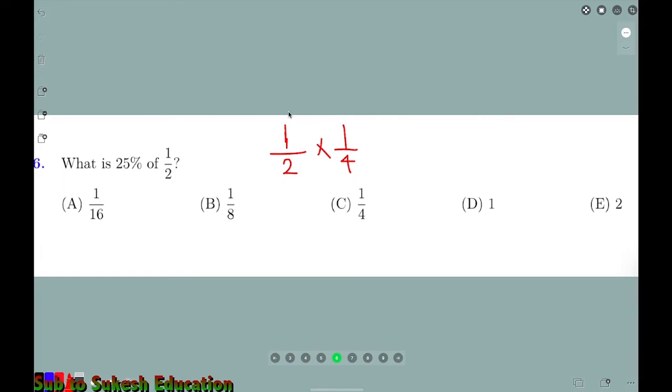Doing this would give us, give me a second guys, let me do it, 1/2 times 1/4 will give us 1/8, right? Let me just double check. Yeah, so that's equal to 1/8. And you can either write it as 1/8 or 0.125, whatever's in the answers. And then we have 1/8 in the answer, so that's the right option.